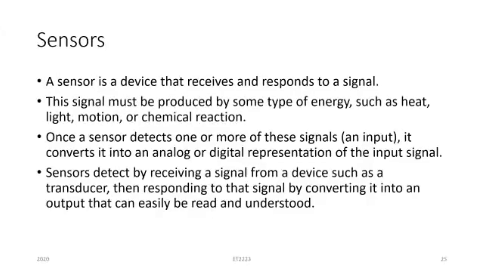So depending on the type of sensor, it may detect that change, and then it will produce some information in the form of an analog signal or a digital signal. So they can detect a signal and then as a result produce another signal.